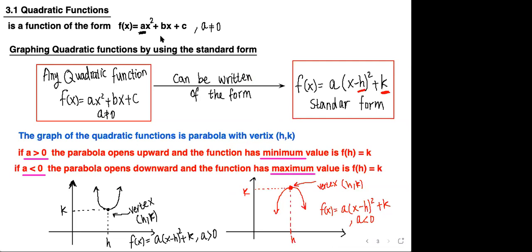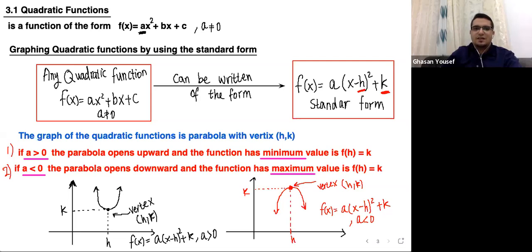Any other question for this? Professor, I have a question. Yes. What about the minimum and the maximum? How can you show that in the graph? Okay, nice. If the parabola opens upward like this and the a is positive, the vertex here is my minimum value.